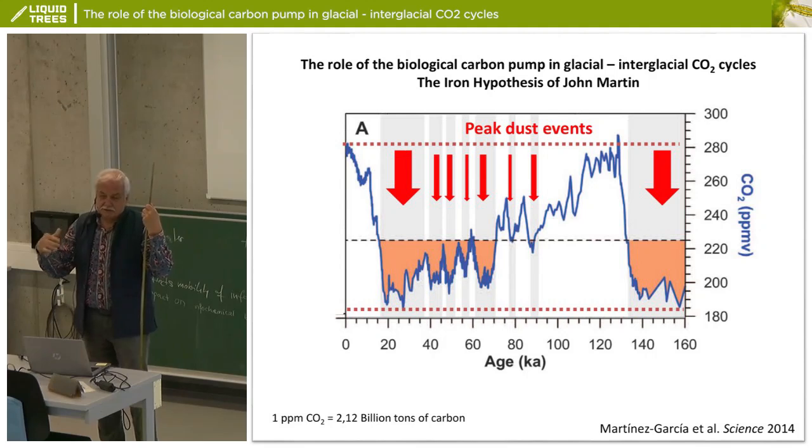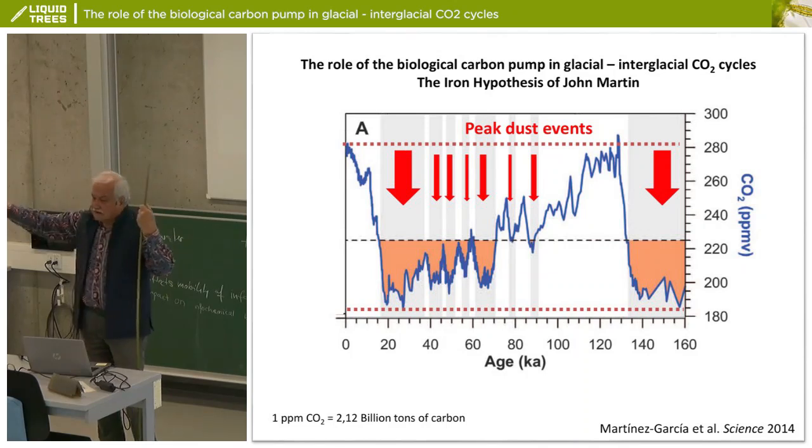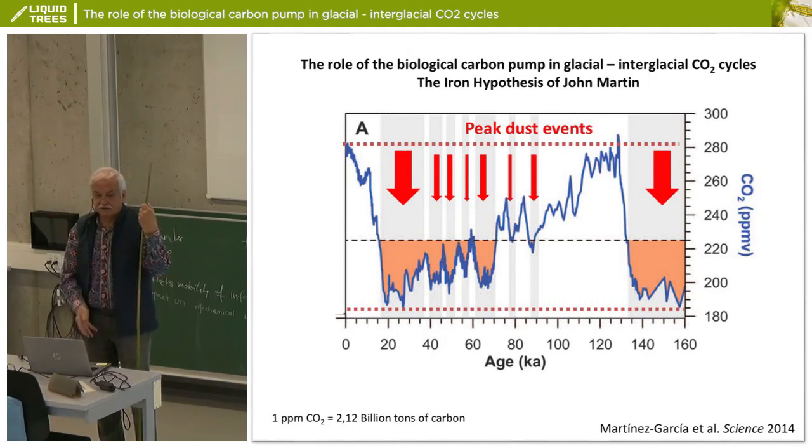But there was a bit of bad luck in the first experiment because they had a heavy rainfall close to the experimental site, and then a layer of lower salinity water due to the rainfall spread out on the top and flowed over the iron fertilized water, and it went down.